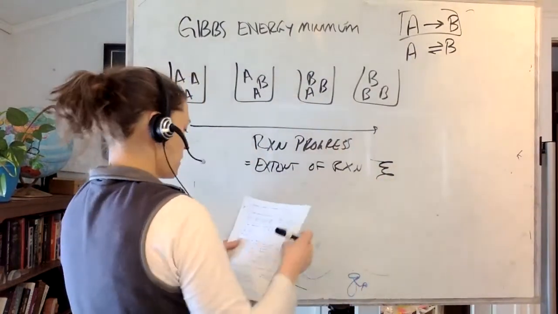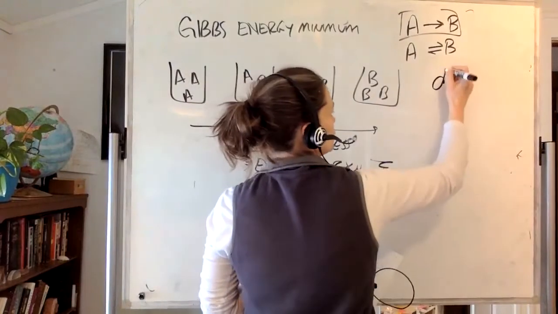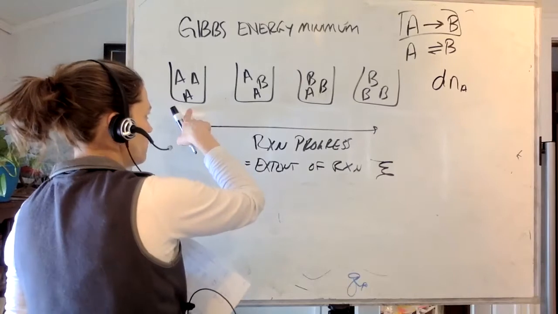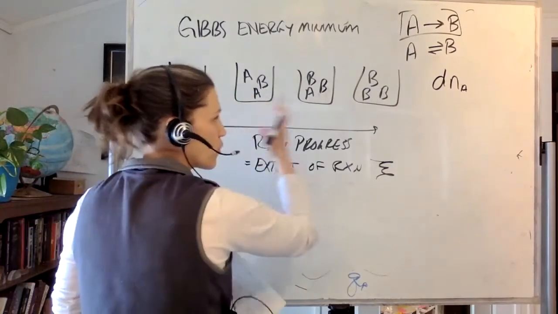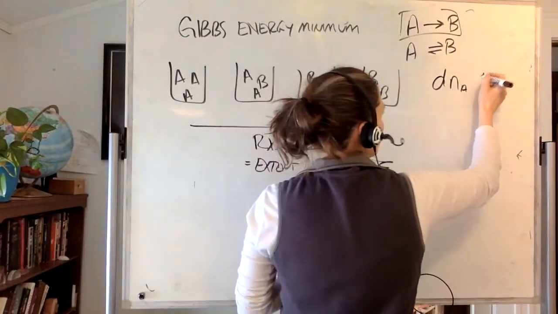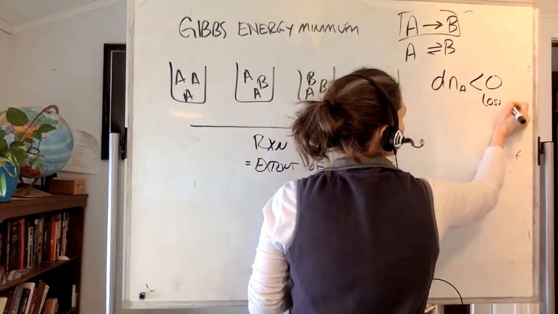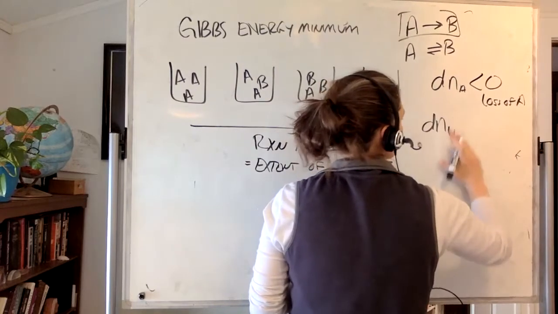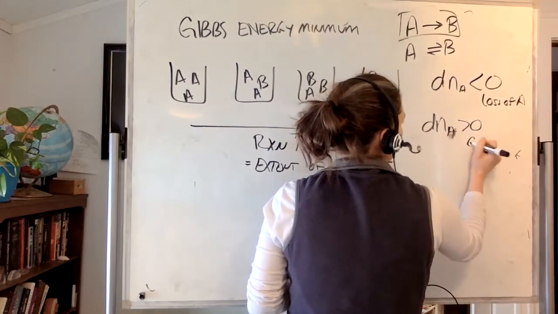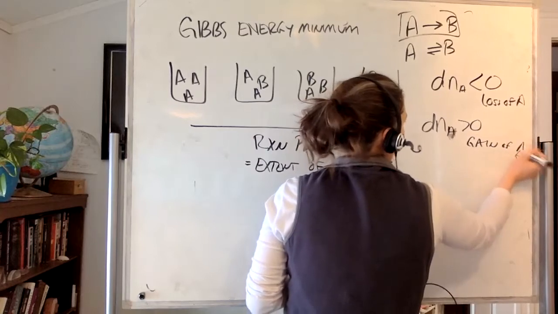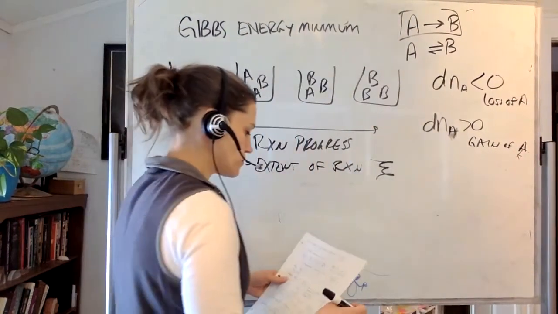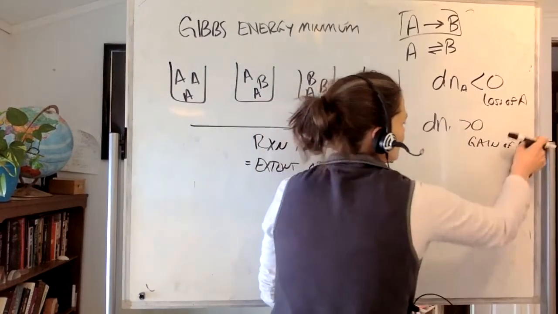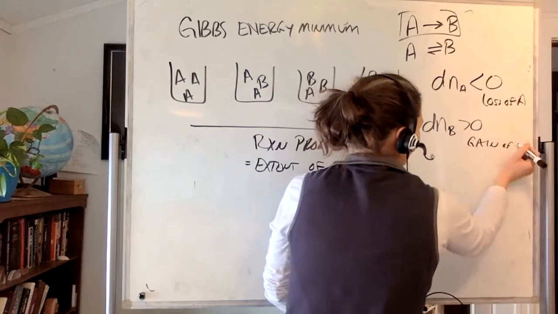Anyway, so here we've got the change in the number of moles of A going from initial extent of reaction to at some point throughout the reaction is going to be less than 0 for a loss of A. And it's going to be greater than 0 for a gain of, I should say B. There we go.